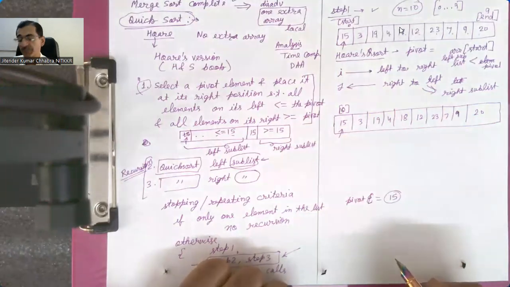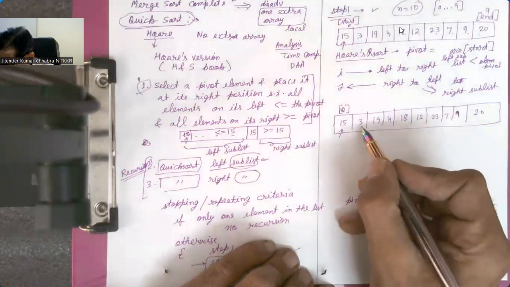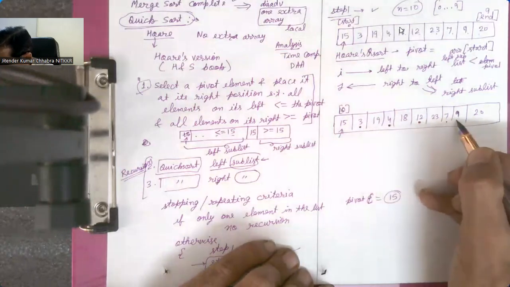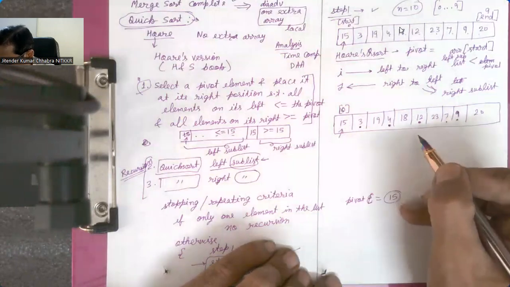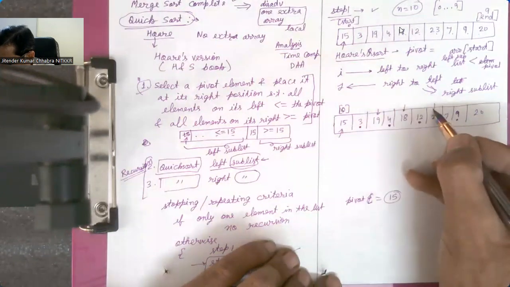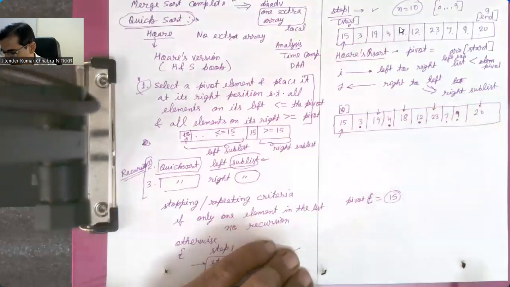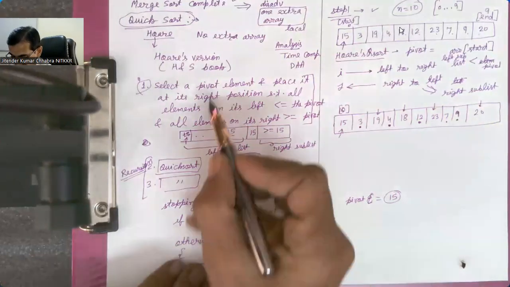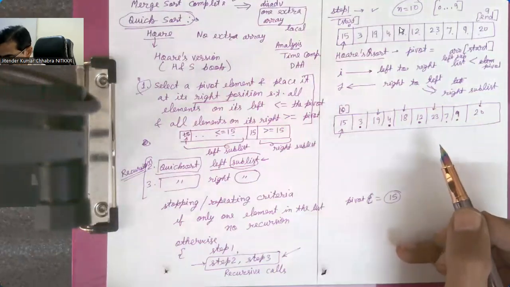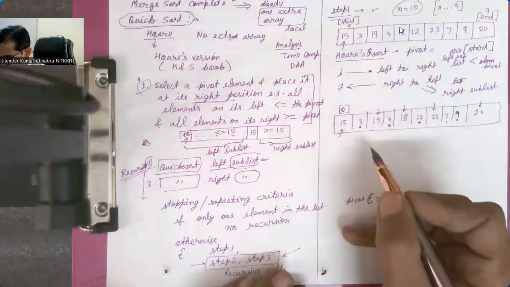I will be comparing with 15, and aim is to bring 15 to the right position. Right position will obviously mean values 3, 4, 12, 7, 9 should be on the left of 15, and values 19, 18, 23, 20 should be on the right of this. That is what right position for 15 will mean. So when I said bring it to the right position, for the time being, equal values I have not taken, but I will suggest, yes, for equality also you should understand. I'll explain in the discussion.